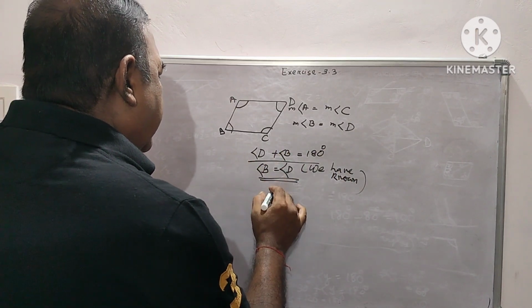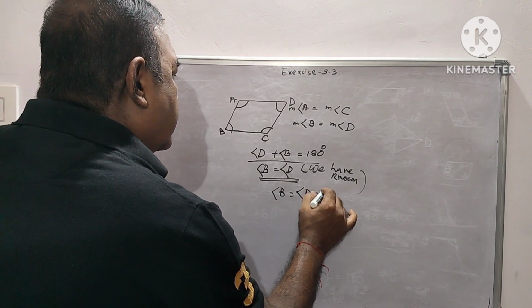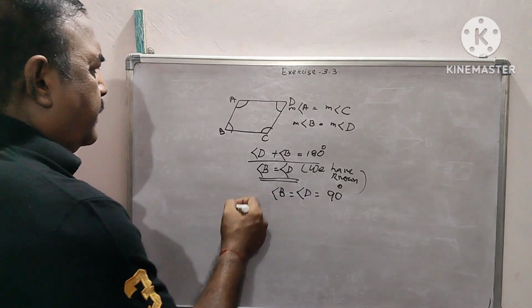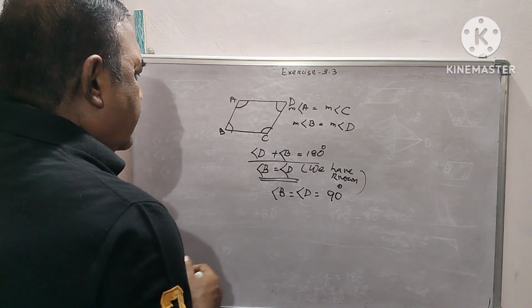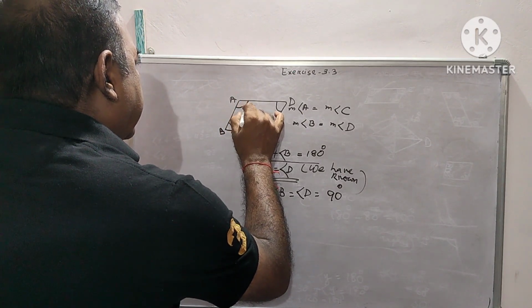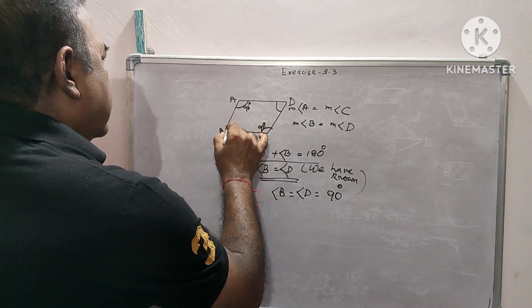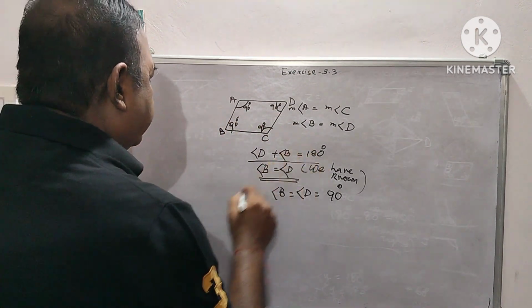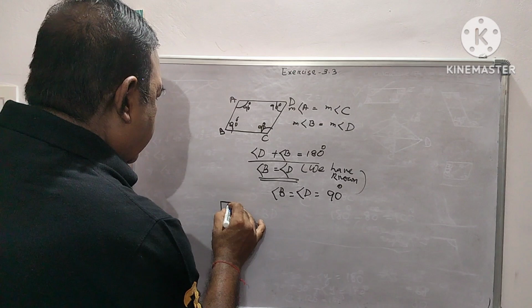So definitely the value will be 90 degrees. So 90 degrees plus 90 degrees is equal to 180 degrees. All the angles finally will be 90 degrees and it will be a rectangle.